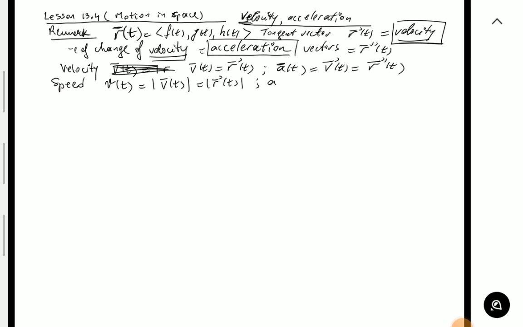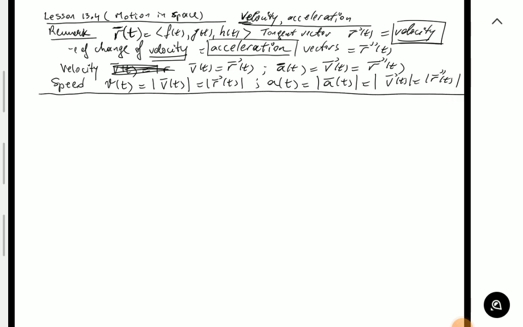And the magnitude of the acceleration is a scalar a of t, which is the magnitude of a bar of t, which is the same as the magnitude of v prime of t, which is the same as the magnitude of r double prime of t. You don't have to go with all of these alternative notations, but I'm mentioning them here so that you always have them in mind, to make connections with different notations depending on the case.